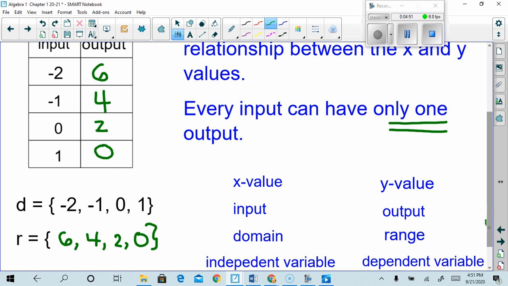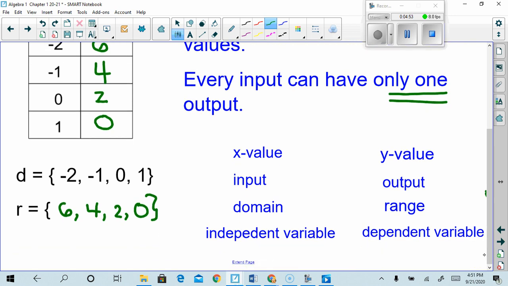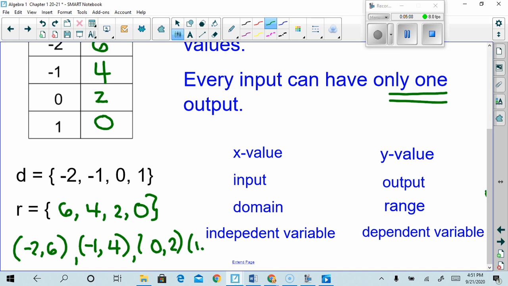Again, this has now created ordered pairs. I have -2, 6. I have -1 that goes with 4. When I input 0, I output 2, and when I input 1, I output 0.